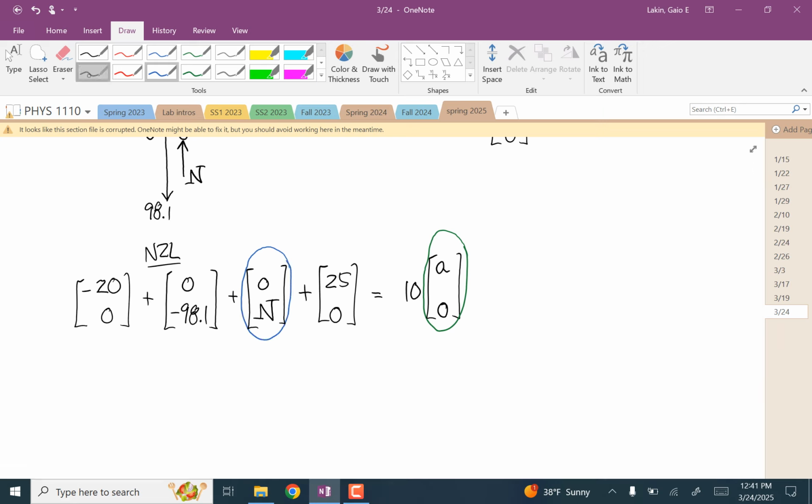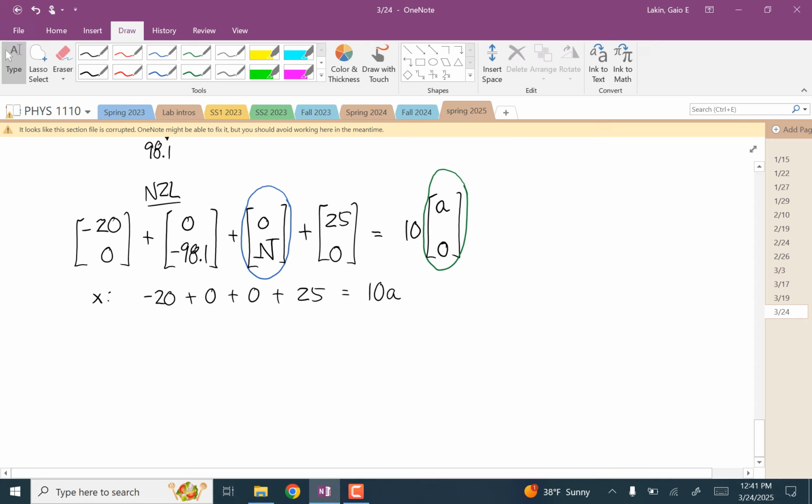Okay, so for part A, I'm going to use the x equation. And the x equation says negative 20 plus 0 plus 0 plus 25 is equal to 10a. So add those all up and you get that 5 is equal to 10a.